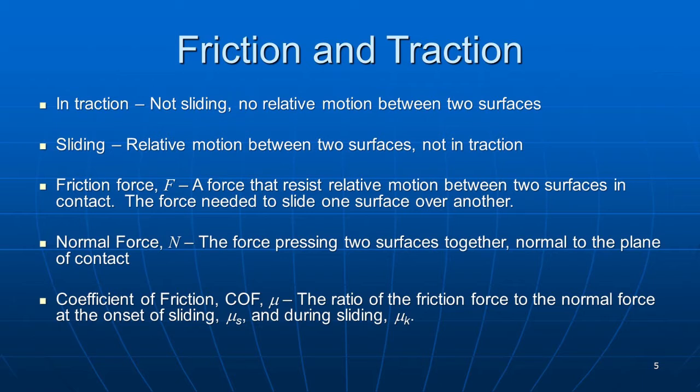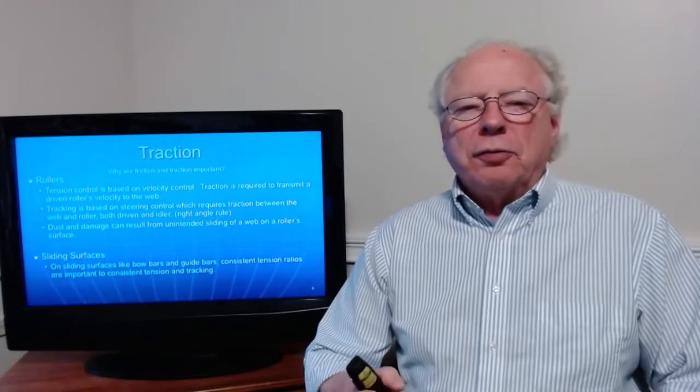And the coefficient of friction is the ratio of the frictional force that's developed to the normal force at the onset of sliding. Now we have static coefficient at the onset of sliding, and we have a kinetic coefficient of friction during sliding.